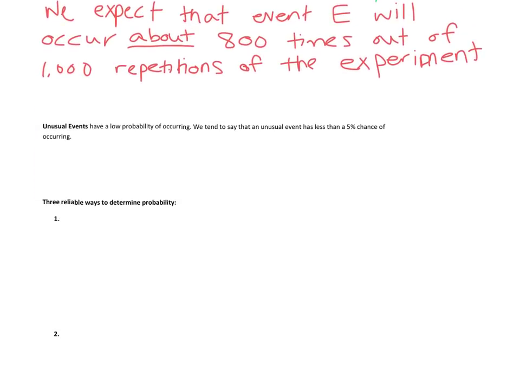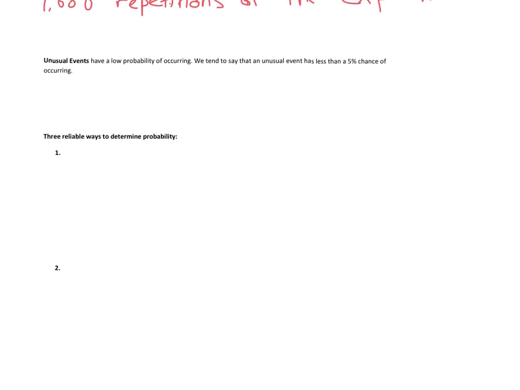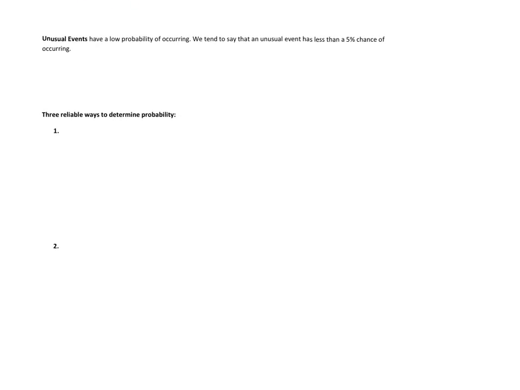More definitions, of course. This is the first section of a big chapter, so we have lots of definitions. Unusual events are going to be very important in inferential statistics. Unusual events have a low probability of occurring. It's going to be a huge theme later on. In this class, we'll say that an unusual event has less than 5% chance of occurring.